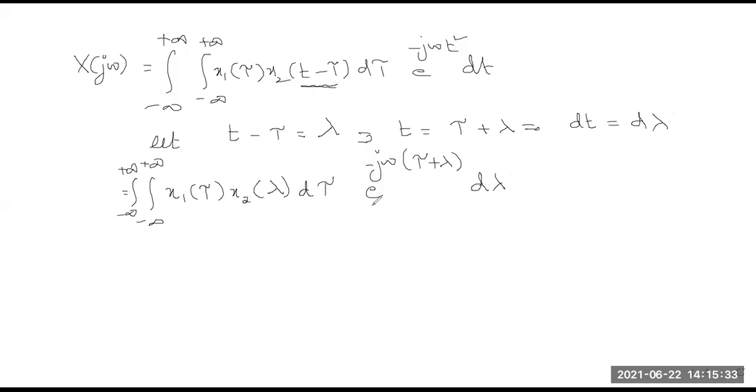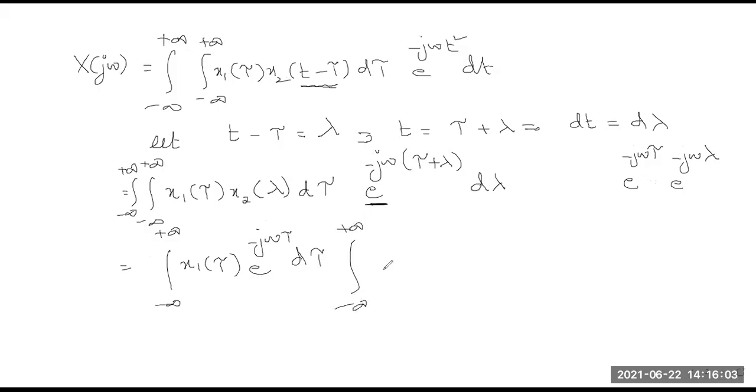Now I can write this particular expression as e power minus j omega tau into e power minus j omega lambda. So this whole equation can now be represented like this: the integral from minus infinity to plus infinity of x1(tau) e power minus j omega tau d tau, times the integral from minus infinity to plus infinity of x2(lambda) e power minus j omega lambda d lambda.